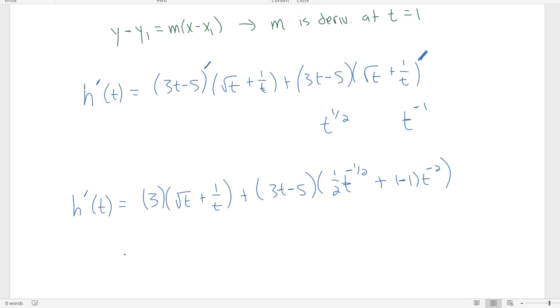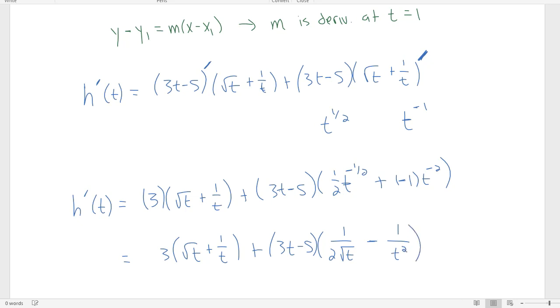So a little bit of simplification there: I have 3 times root t plus 1 over t, and then plus 3t minus 5, and this is really in the denominator as a 1/2 exponent, which is a square root, and this is really in the denominator as a positive exponent.